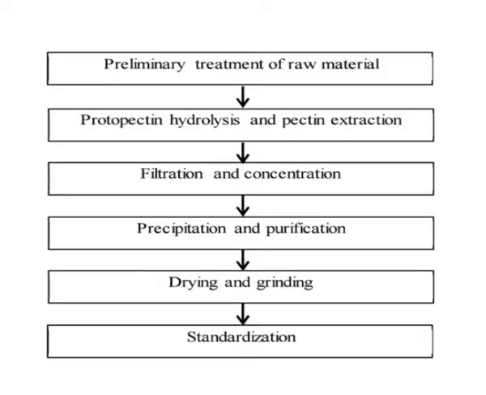Extraction conditions used in the process vary depending upon the raw material, type of pectin and process economics. Commercial pectin is usually produced by hot acid extraction followed by filtration, alcohol precipitation, drying, grinding and standardization.